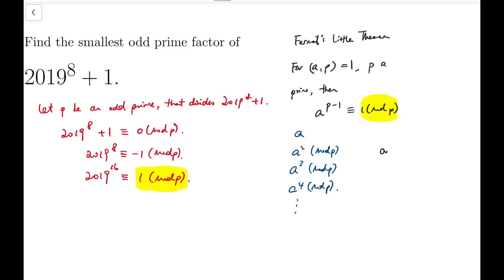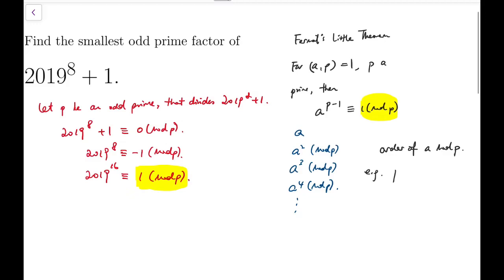because we have something called the order of a mod p, which describes the first occurrence of this repeating phenomenon. Say, for example, when p is 7 and a is 2, then the sequence will go like 2, 4, 1, 2, 4, 1, by multiplying the previous term by 2 and taking the remainder again.